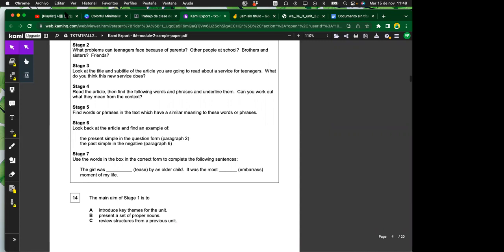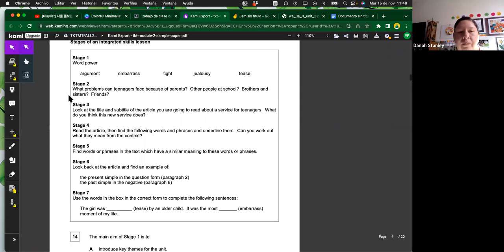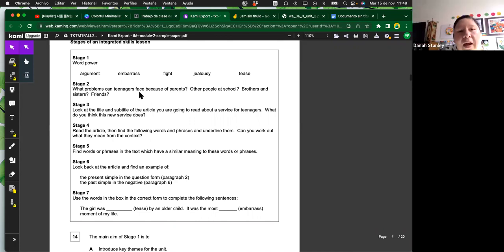Ready? I think I gave you more than 7 minutes. If not, let's do it together, okay? Let's analyze. Fíjense. Are all the stages in this lesson in order? Yes, they are. So they are in a sequencing order.